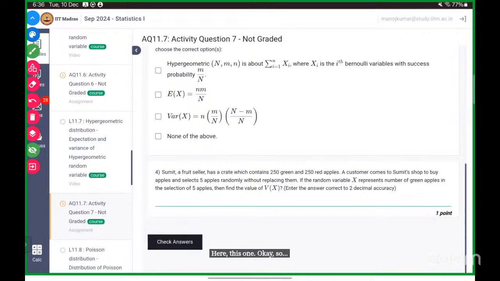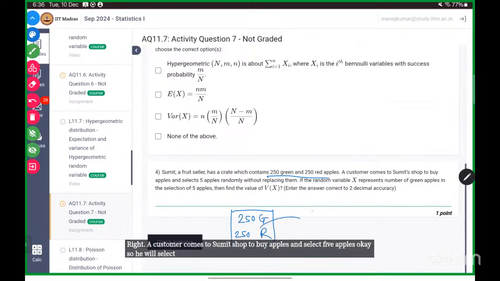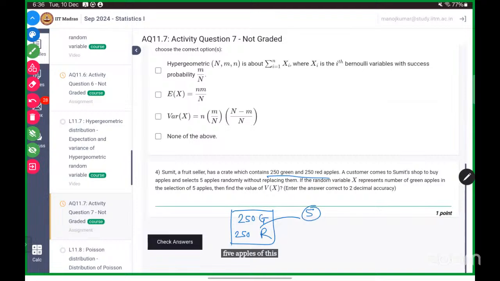Okay. So you have 250 green apples and 250 red apples, right? The total is 500, and out of 500 he picks 5. A customer comes to Sumit's shop to buy apples and selects 5 apples, without replacing, of course.